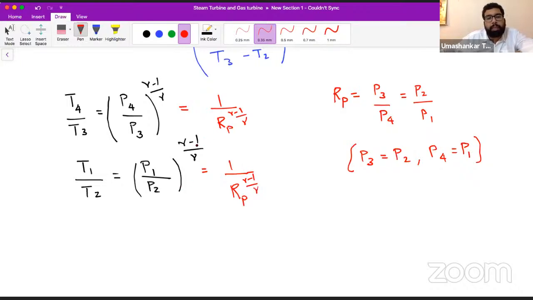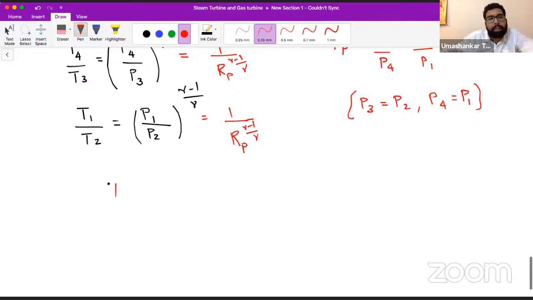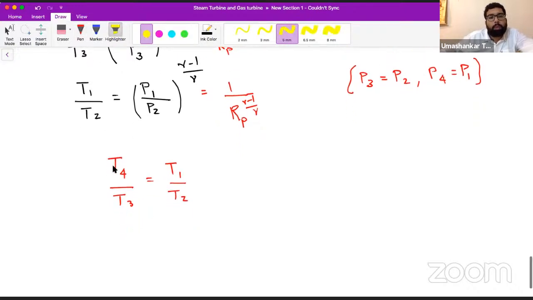So from this you can see in this equation right hand side is equal. So can we write like this? T4 by T3 is equal to T1 by T2. Okay. Sometimes in order to do the question quickly, we require this kind of things.